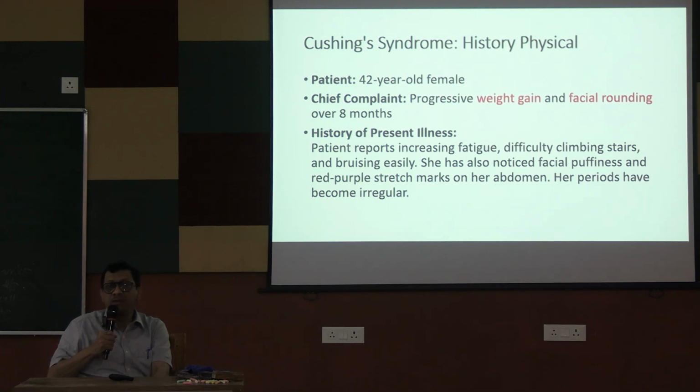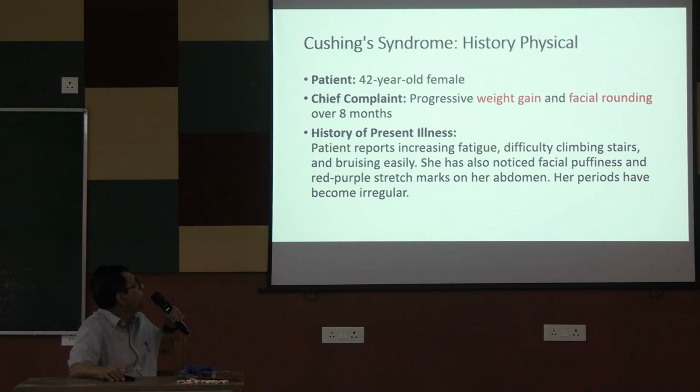Cushing syndrome is due to hyperplasia or a tumor involving the zona fasciculata. This also I am starting with a clinical history so that you remember how they come to you.